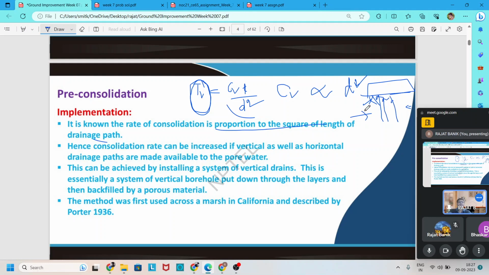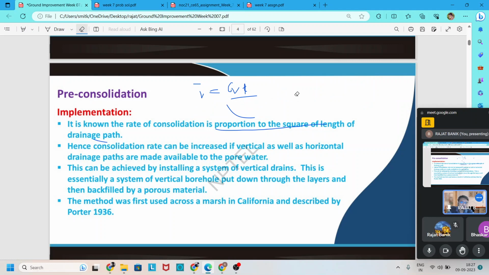But by some means, that means if we apply vertical drains with some good porous material like clean sand or gravel, if we create some vertical drain, the water tries to dissipate by this direction, also by this direction, that means horizontal direction, also by vertical direction.